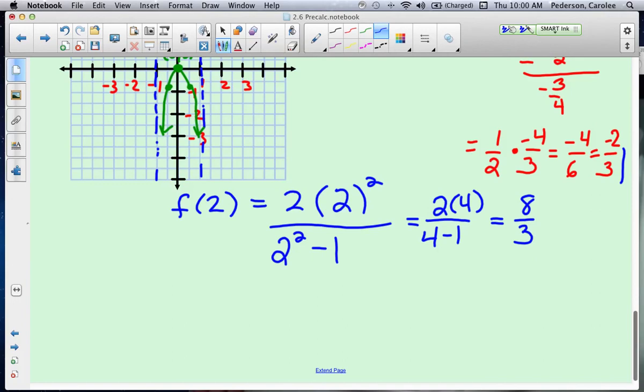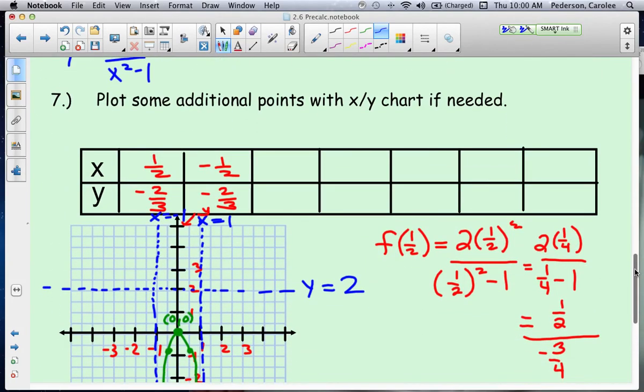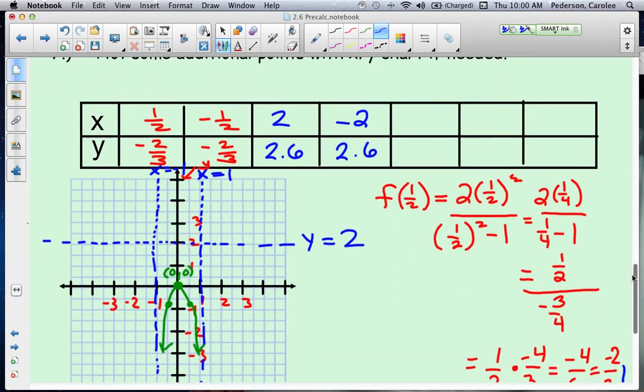Which is about how much as a decimal? So the ordered pair then is 2, 2.6. So 2 and then approximately 2.6. Do we not know another ordered pair now due to symmetry? Yep. Negative 2, we'd also have 2.6. So now let's graph those ordered pairs.